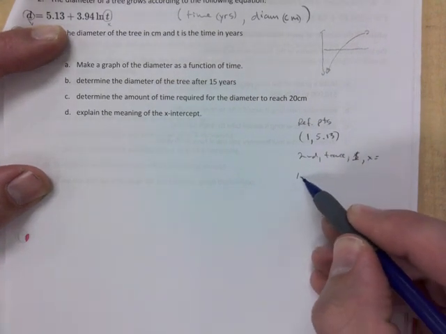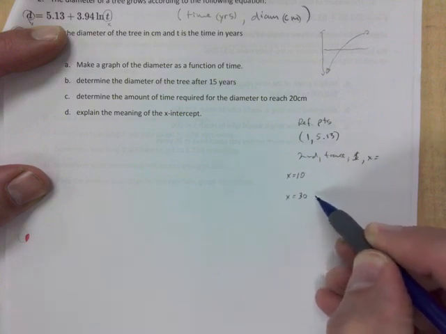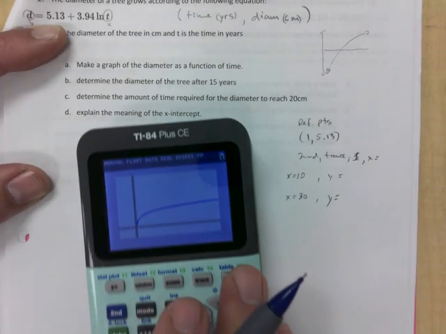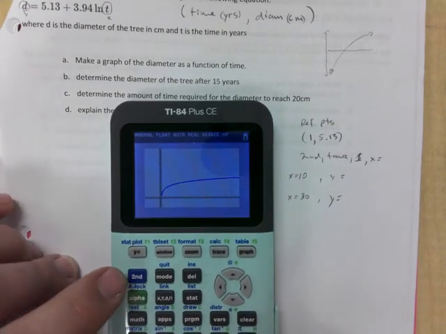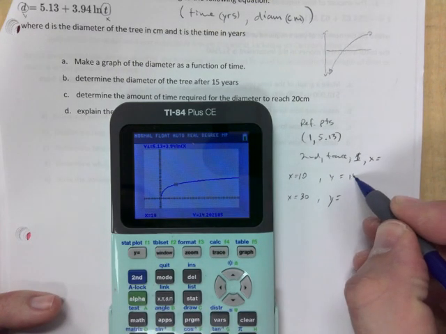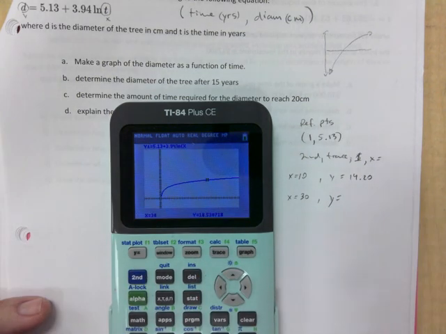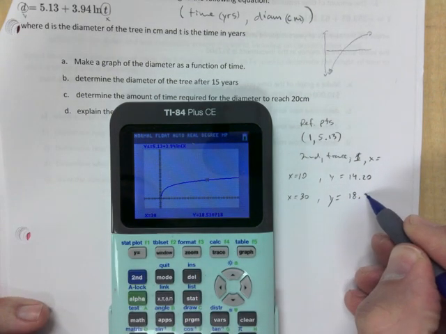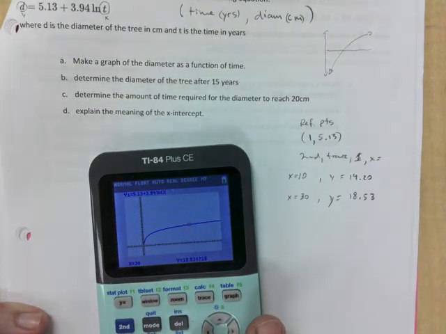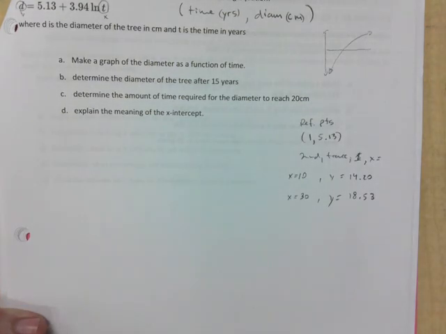So I'm going to maybe go with x is equal to 10, and then maybe x is equal to 30, something like that, and figure out the y values for that. So second trace 1, x is equal to 10, that's 14.20. Second trace 1, let's try 30, that's 18.53. And I think we're pretty good there.